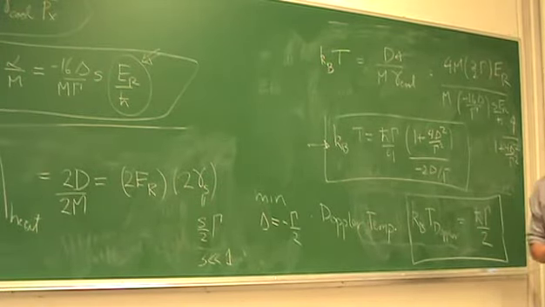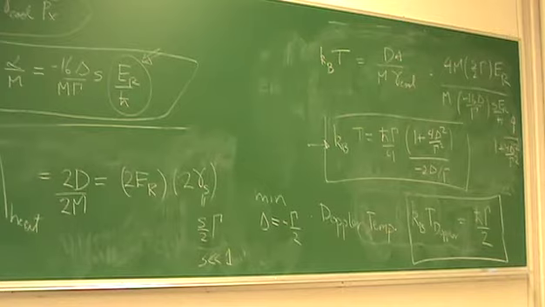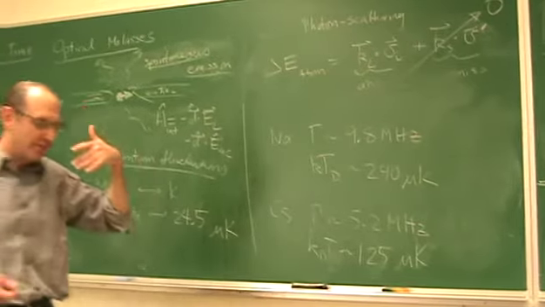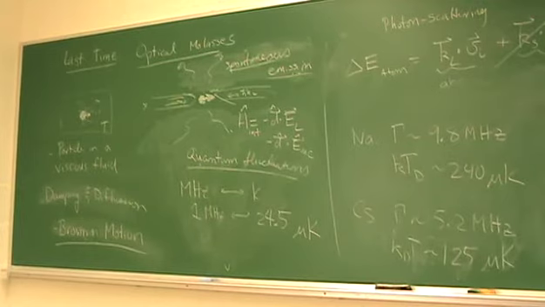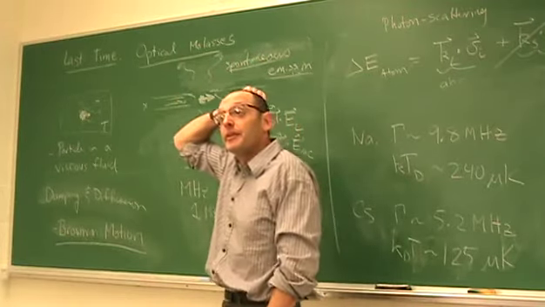Okay, so now historically, optical molasses, well, the Doppler temperature and the Doppler cooling mechanism were first proposed by Hänsch and Schawlow and by Wineland and Dehmelt in the mid-70s, but it was achieved for cooling atoms in the mid-80s in Steve Chu's group.